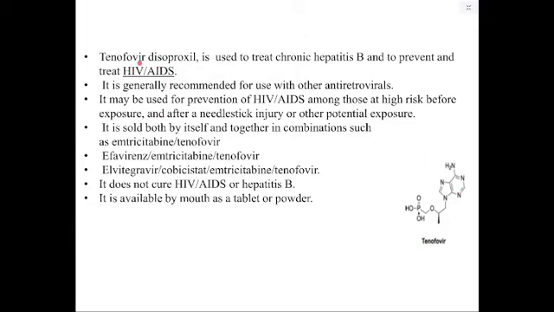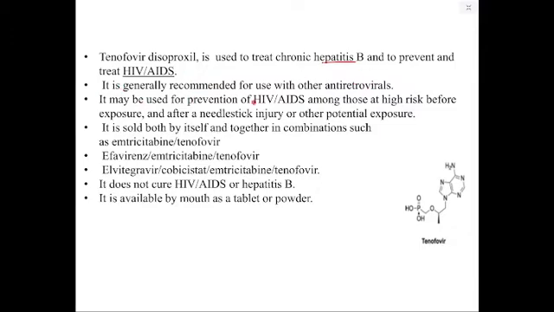And again, it is derivatized into its salt, used to treat chronic hepatitis B also, and to prevent and treat HIV/AIDS. So you can use it for prophylaxis, because of prevention, and also in treatment. But as you already know, you normally have it in combination. It is generally recommended for use, again, with other antiretrovirals.